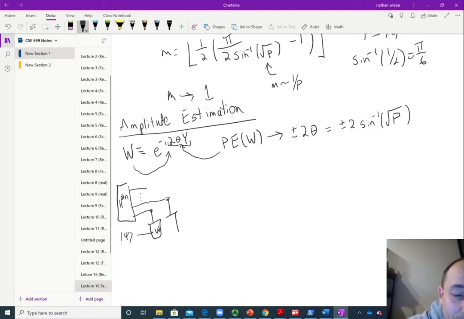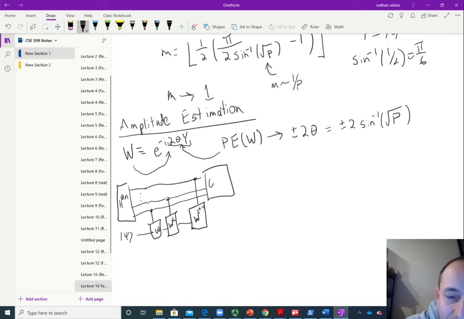Then we would do a controlled square of the walk operator, going all the way down to w to the 2n minus 1 over here. Okay, then we apply an inverse quantum Fourier transform, and the bit string that ends up coming out over here will encode that rotation angle.